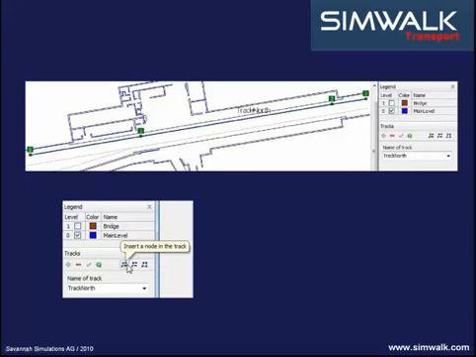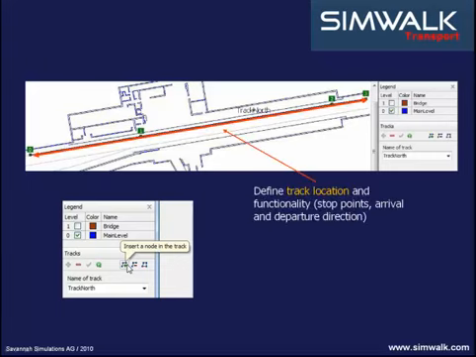In the next step we create tracks in this scenario. Tracks mainly consist of lines and nodes. Nodes basically can be assigned as stop points, arrival and departure points.